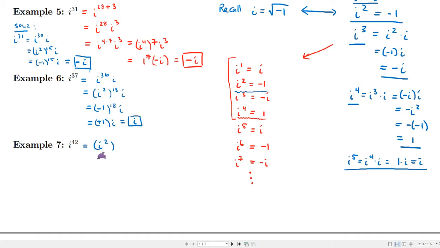Well, 42 divided by 2 is 21. And I squared is negative 1. So this is negative 1 to the 21. And negative 1 to an odd power is negative 1. So that's negative 1. So I think that's probably an easier method. Of course, you could use the procedure that it repeats every 4, but I don't know. In the end, this is probably the easier method.